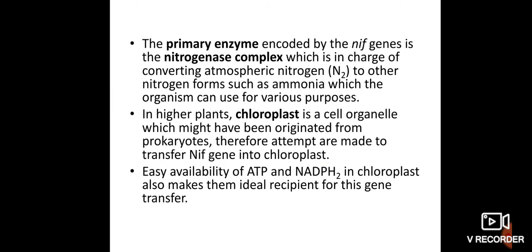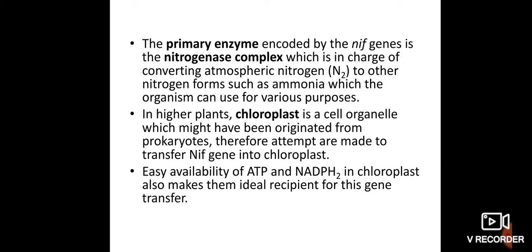The primary enzyme encoded by the nitrogen fixing genes, NIF genes, is the nitrogenase enzyme or the nitrogenase complex, which is in charge of converting atmospheric nitrogen to other nitrogen forms such as ammonia, which the organism can use for various purposes.